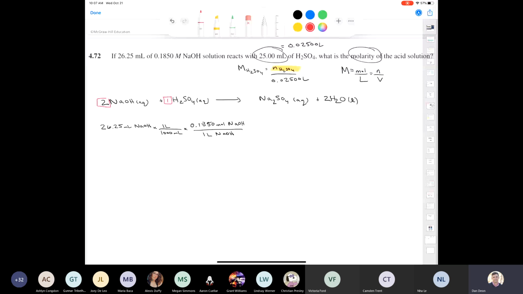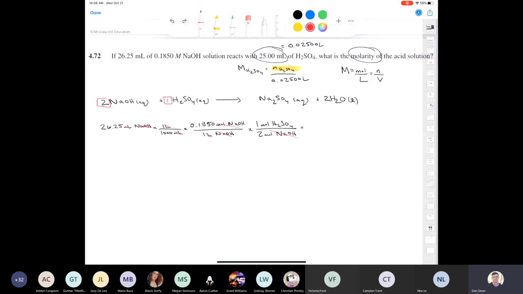If I stopped right here, what have I canceled? Milliliters, sodium hydroxide, and liters. If I stopped right here, all I would have is the number of moles of sodium hydroxide. But from my balanced equation, I know that for every 2 moles of sodium hydroxide that's consumed, I consume 1 mole of sulfuric acid. Look at this. Now, if we were to stop, we would have the number of moles of sulfuric acid.